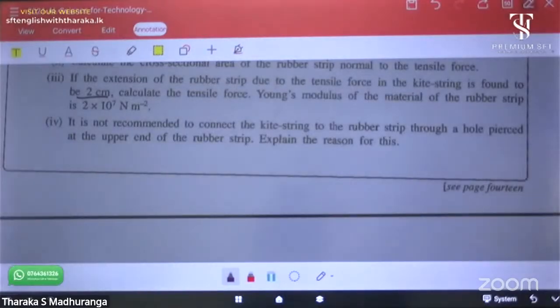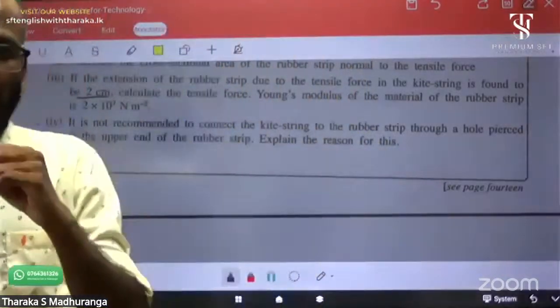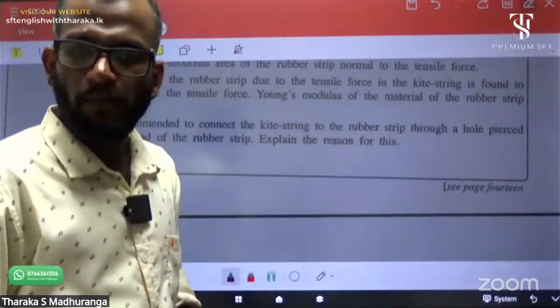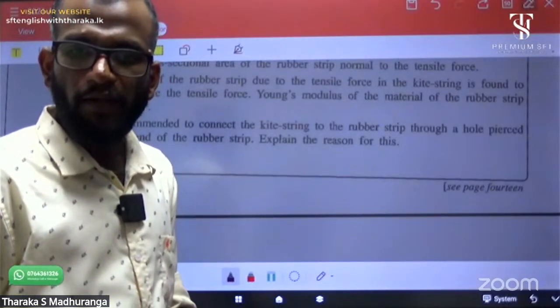Okay, can you say the force will be applied onto the attachment part only?